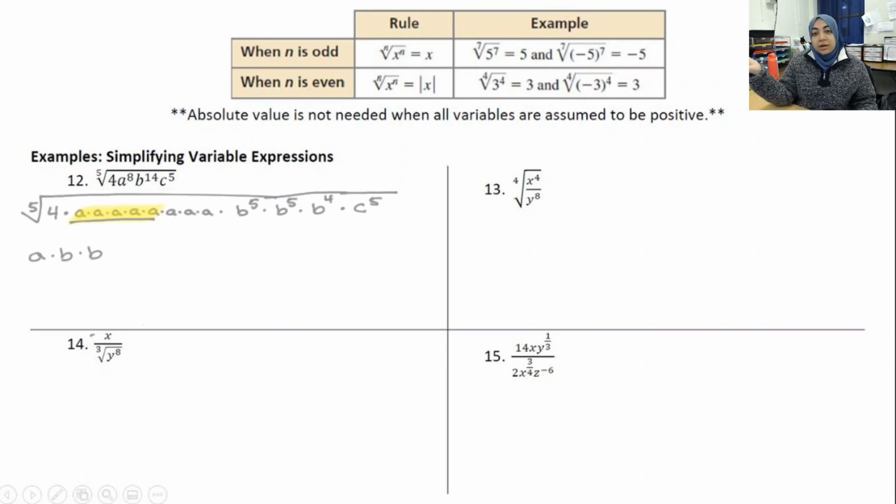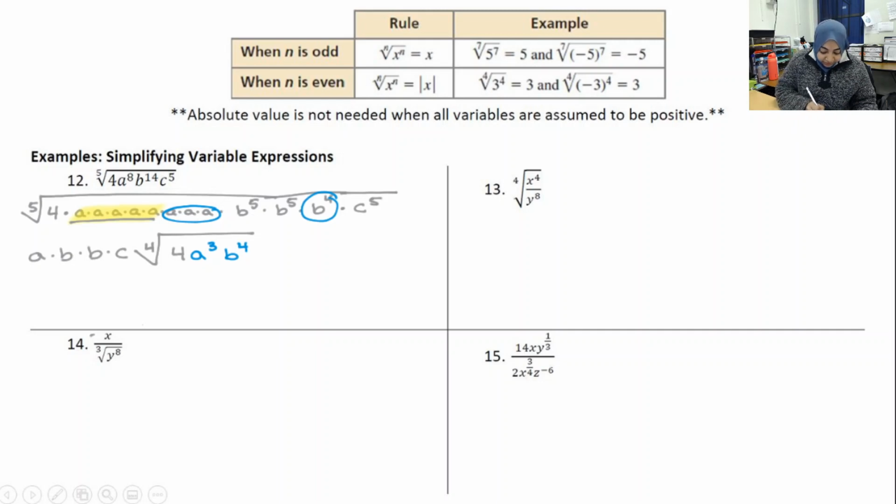The b to the 4th power, I cannot take the 5th root of, but I can take the 5th root of c to the 5th power, which is c, which leaves me with the 4th root of 4a cubed, b to the 4th, and I've already dealt with my c to the 5th.